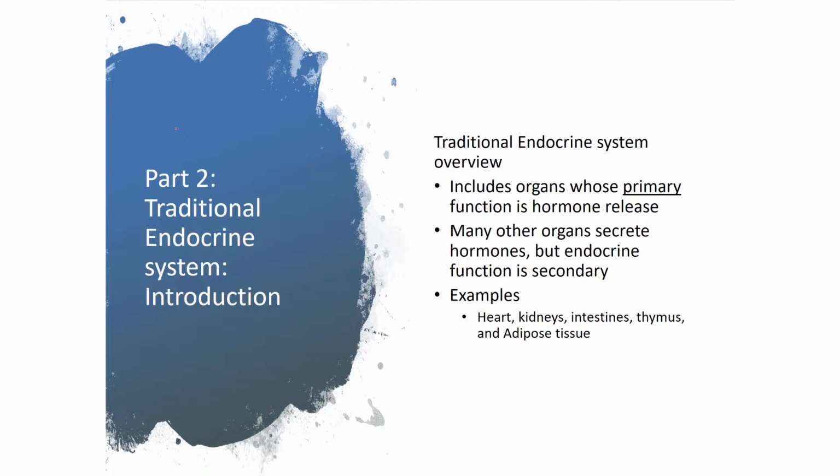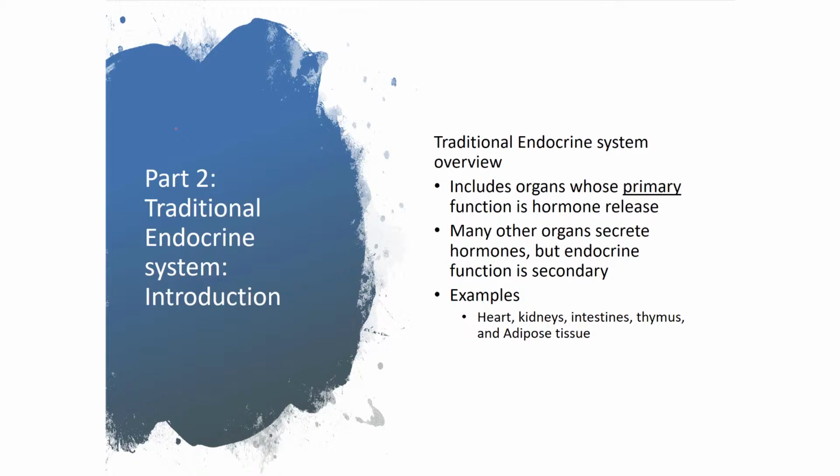So many organs secrete hormones, but the endocrine function is secondary to whatever their other function is. So for example, the heart. You're going to spend a whole lot of AMP2 just talking about the functions of the heart, and you probably won't talk at all about its endocrine function. But the heart does have an endocrine function.